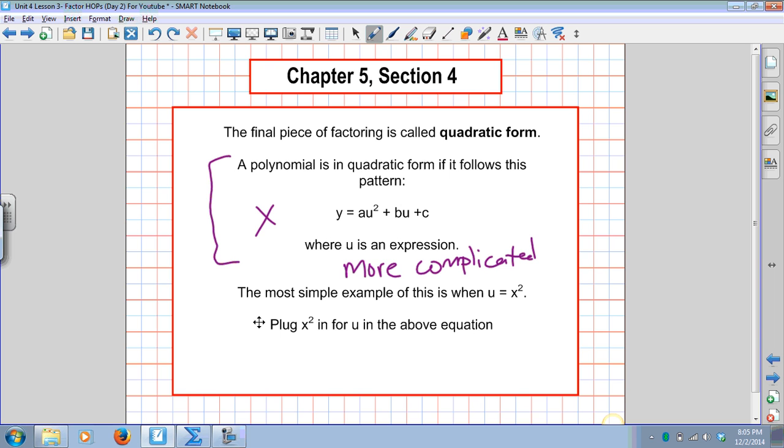The example here is saying instead of using x, use x squared. So you would get y equals ax to the fourth plus bx squared plus c. This still follows the same pattern, but instead of being a quadratic, it is a degree 4 polynomial.